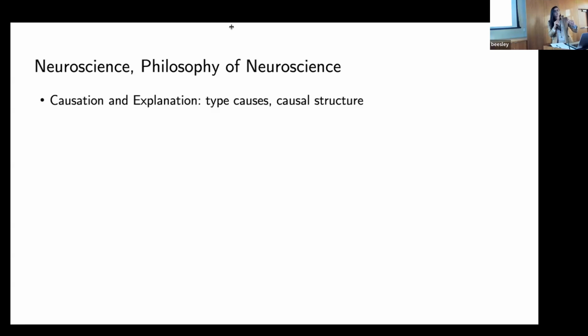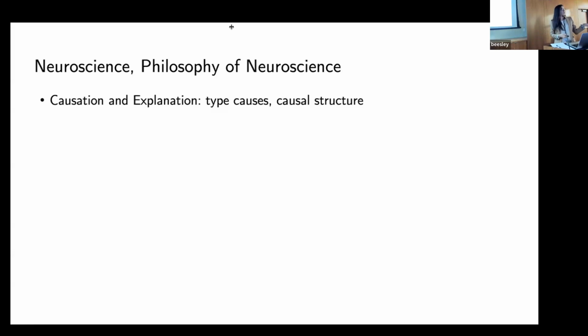A main question of interest in this space, given this connection, is being able to specify the types of causes and the types of causal structures that are present in the brain that neuroscientists study and that do figure in the explanations that they provide.